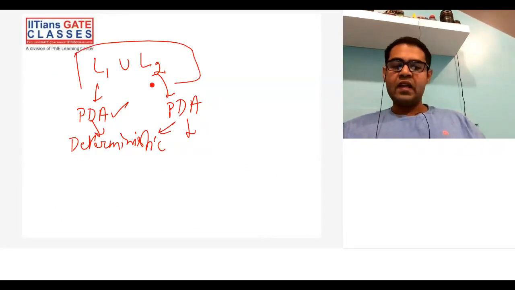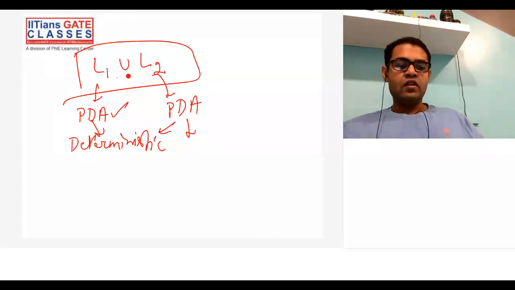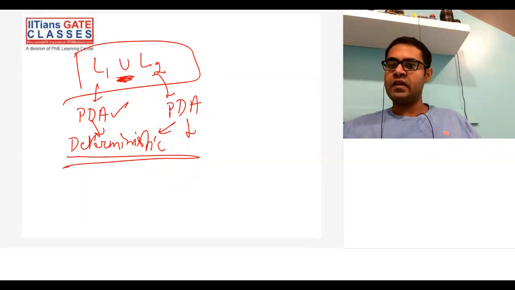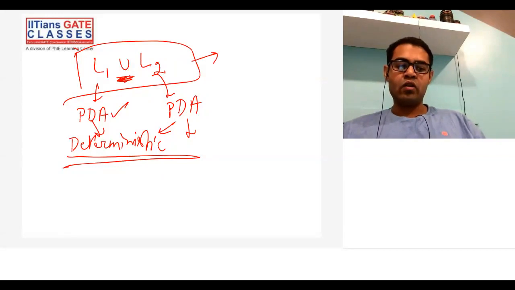So if I take L1 union L2, union operation is closed under DPDA. That means deterministic PDA. So you can say L1 union L2 will also be a deterministic CFL using that property.